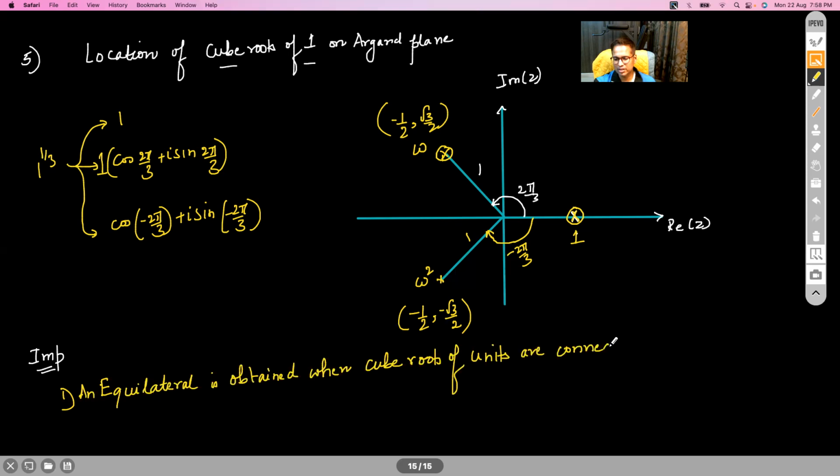Okay. So if you connect them with a triangle, this triangle that you will be getting will be an equilateral triangle. Let me make it for you properly. So let me connect them all.